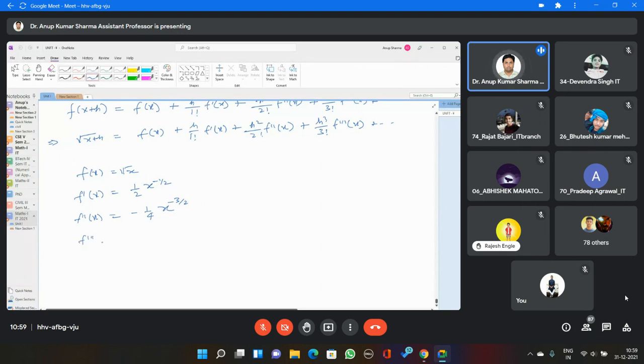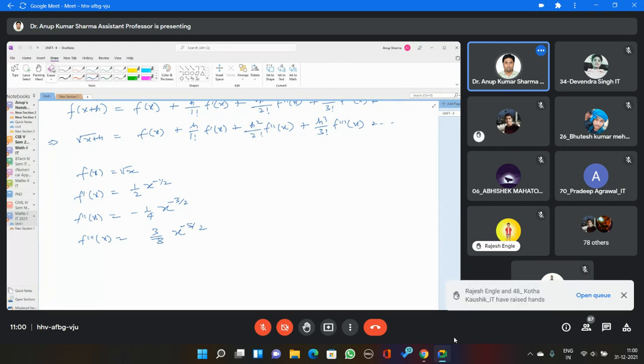And f triple dash of x is equal to, multiplying all the things, 3 by 8 x to the power minus 5 by 2. We can proceed ahead, but we stop here.